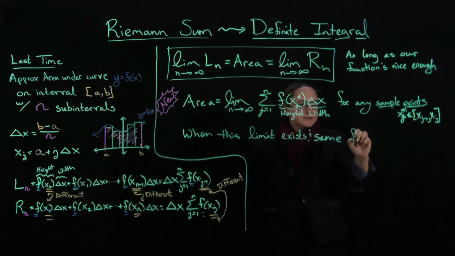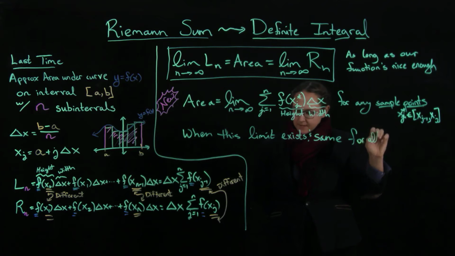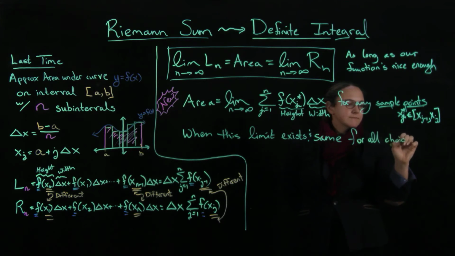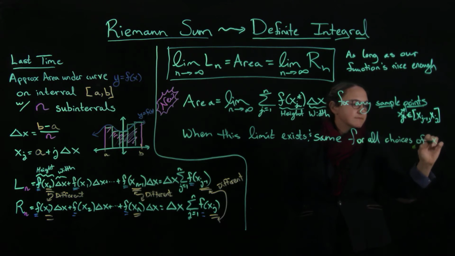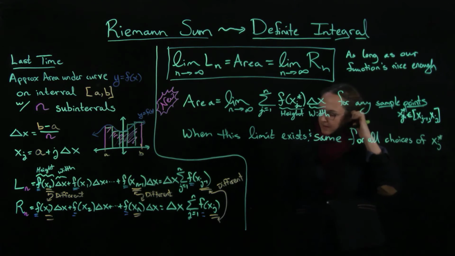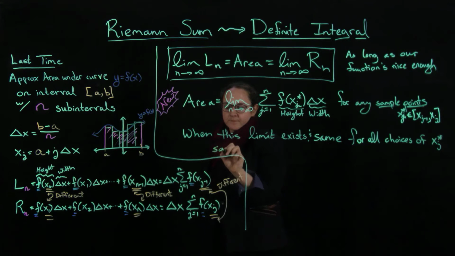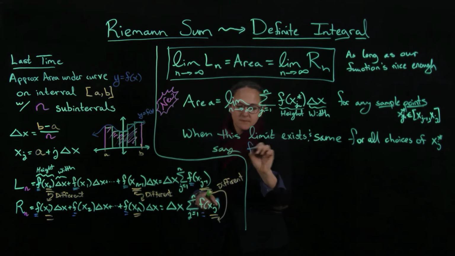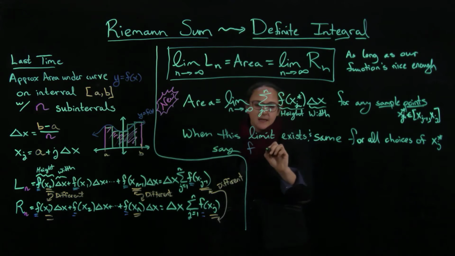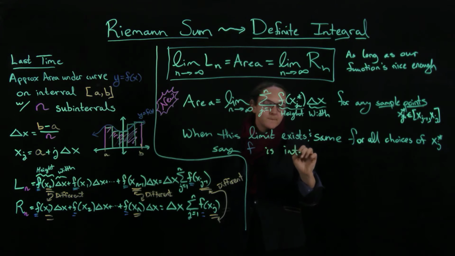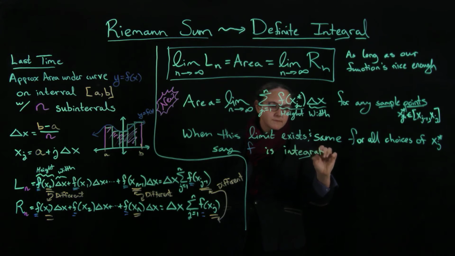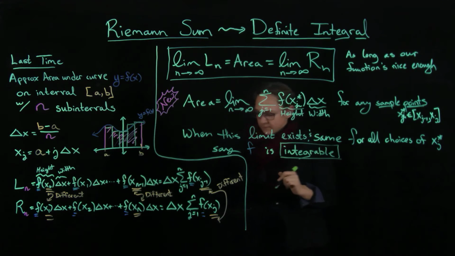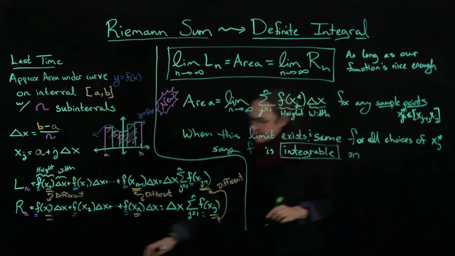When this limit exists and is the same for all choices of xj star, okay, we say that this function f is integrable on this interval AB.